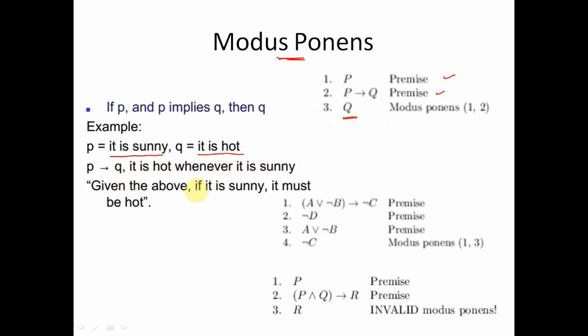So now, if it is sunny, it must be hot. So if P implies Q is true and P is true, then Q: it is hot whenever it is sunny, or I can write it as if it is sunny, then it is hot. If this is true and it is sunny is true, then the conclusion is it is hot.